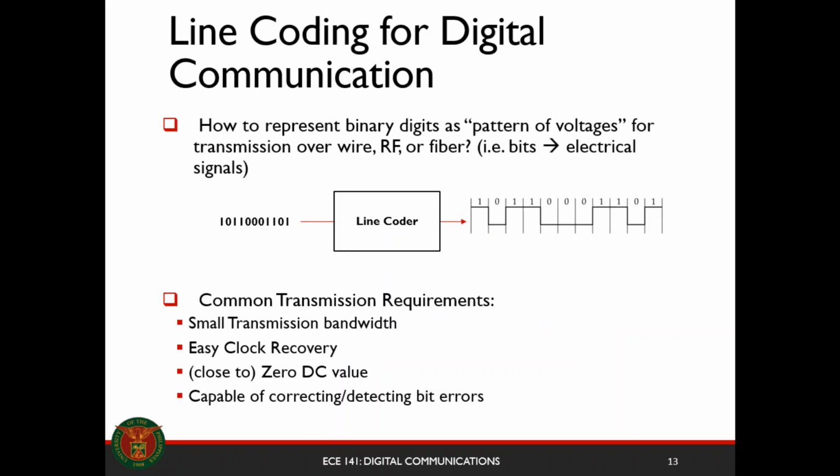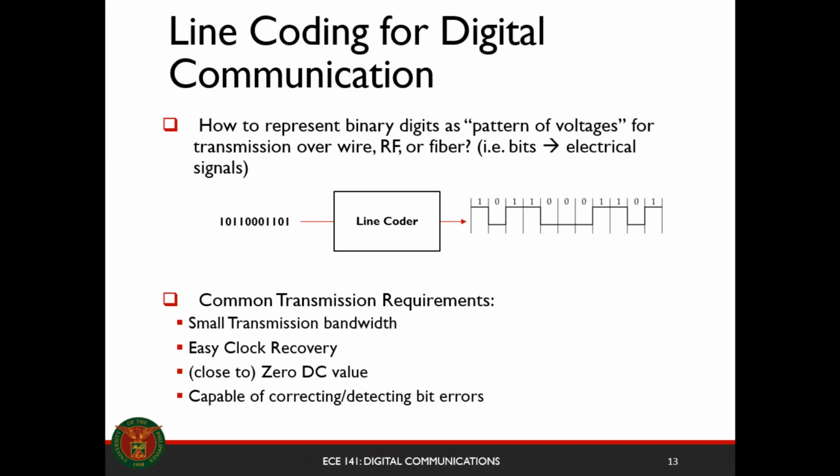Now, how do we represent our bits as a physical signal? We can represent them as voltages. Maybe we let the bit 1 be on and the bit 0 be off. So we can represent our bits as voltages depending on the voltage level.